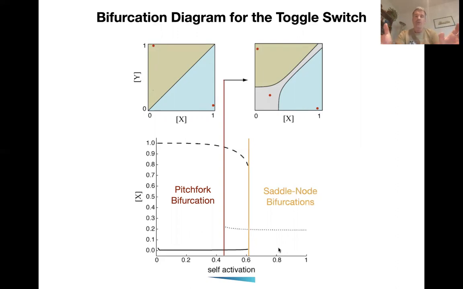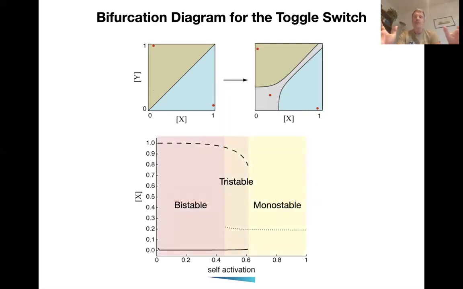Okay, so what you have there is the sudden disappearance of those two purple high giant, high Krüppel states, and the only state that remains is the one where both factors are present at low concentration. Okay, so we have systematically looked at what happens if we crank up autoactivation, and we find three different dynamical regimes here.